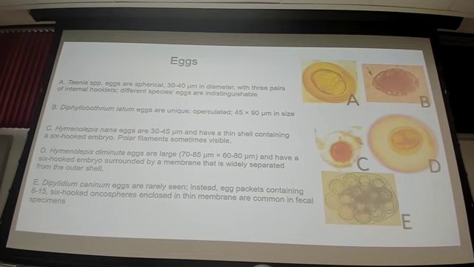Once your eye is trained for looking for these opercula, you get pretty good at seeing that thin little lid that will pop open for Diphyllobothrium. I know this is Hymenolepis nana, that's relatively small. I know this is Hymenolepis diminuta, a big egg. And then lastly those egg packets that are distinctive for Dipylidium caninum.